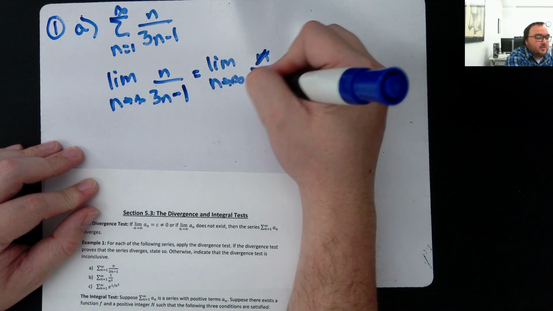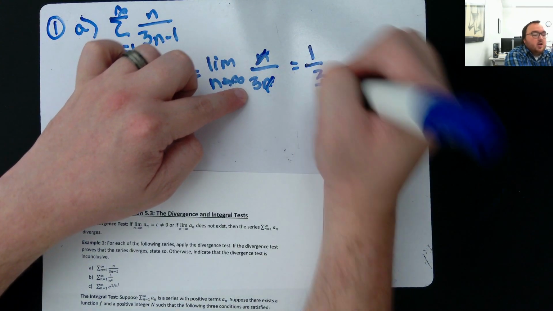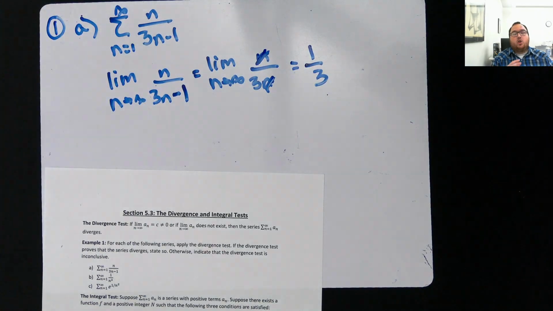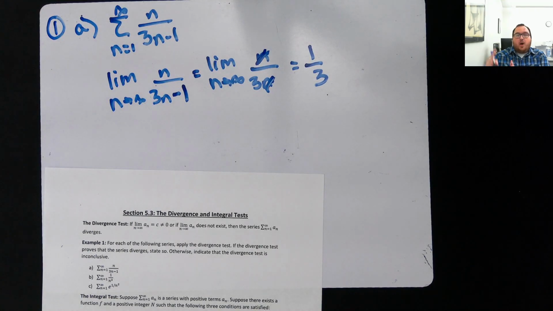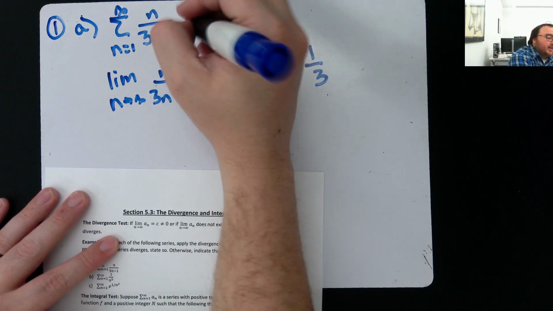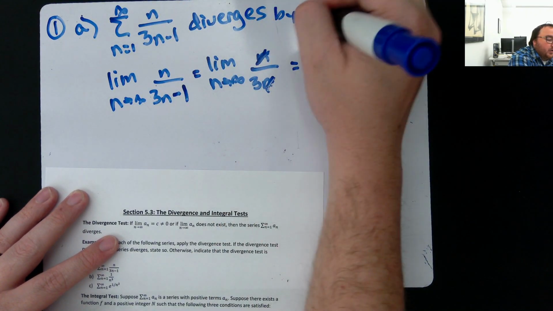The n's cancel out, so I'm left with a 1 on top and a 3 down here. So my terms are getting closer to 1/3, which means for the sum, I'm adding 1/3 a bunch of times: plus a third, plus a third, plus a third. It'll just grow and grow and grow. So this diverges by the divergence test.